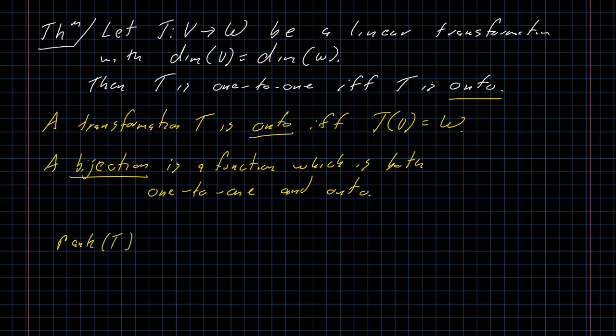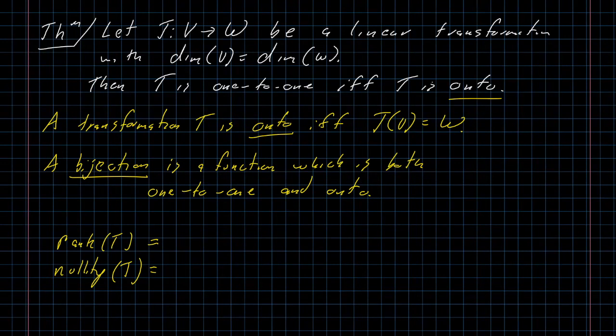We've talked about the rank and nullity as classifications of matrices. Here, I'm going to use them as classifications of transformations in general. And the definitions are going to be a little bit different, but in the same direction.